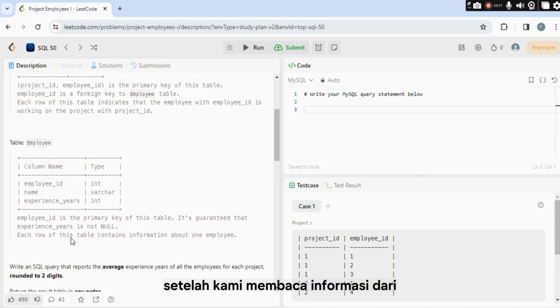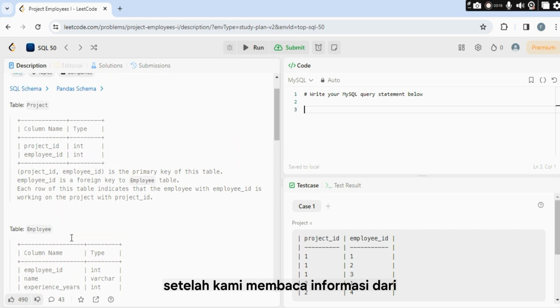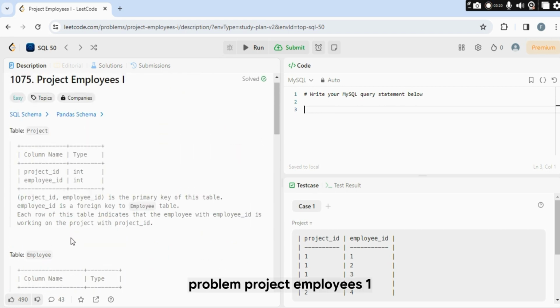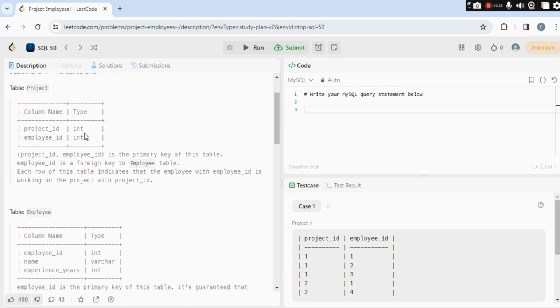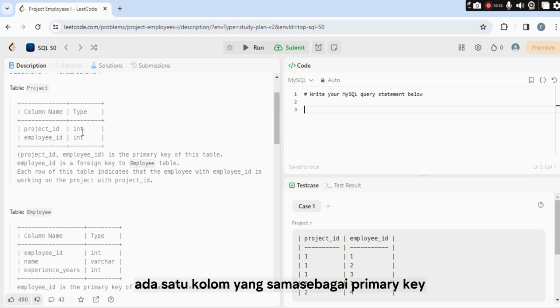After we read the information of the problem Project Employees 1, we know that there is a similar column as a primary key.